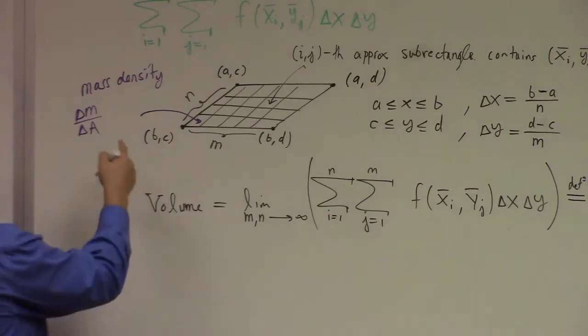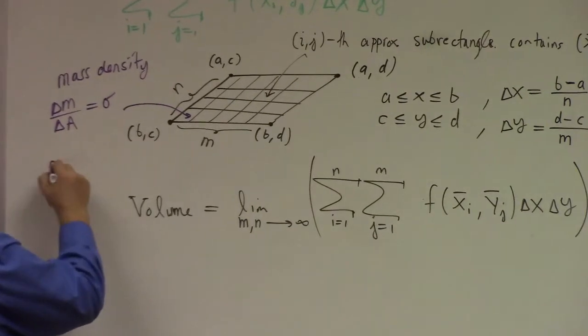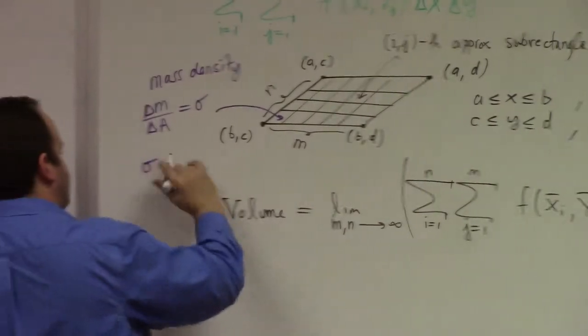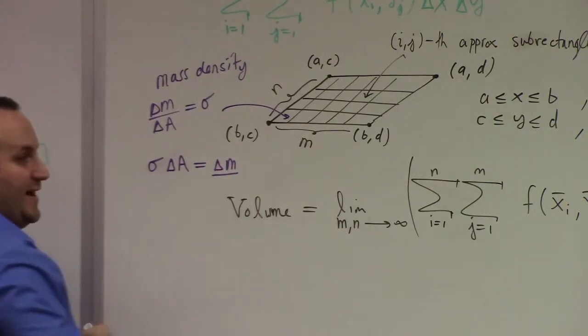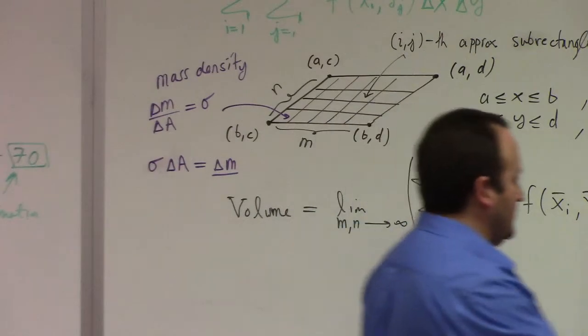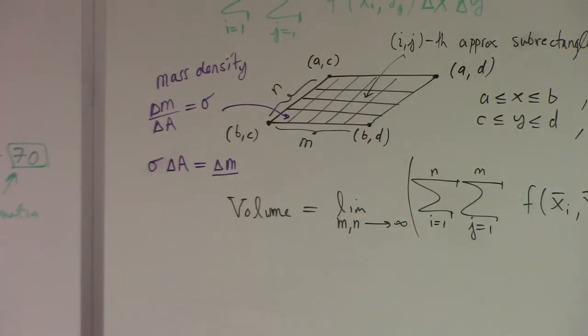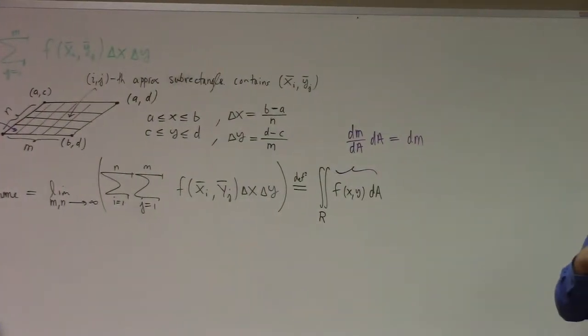This is usually called sigma. If you take sigma times a little delta A, a little change in A, that gives you the amount of mass in that little rectangle. You could think of this as dm/dA times dA, which gives you dm. This is a way of adding up all the little bits of mass over the grid, and that would give you the net mass.